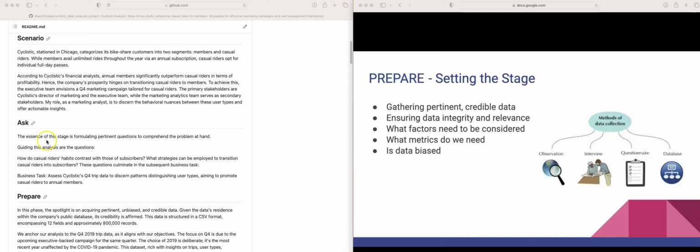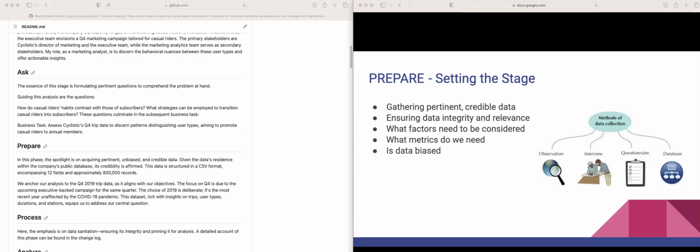That means reliable, original, credible, current, and forgot the third C, but it's all about making sure the data source that you are using, if it's already provided, is good. So since all the data was from a public site, from internal data, it is credible.